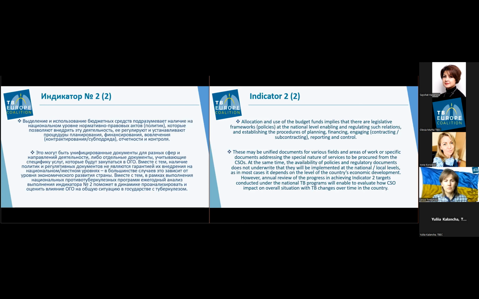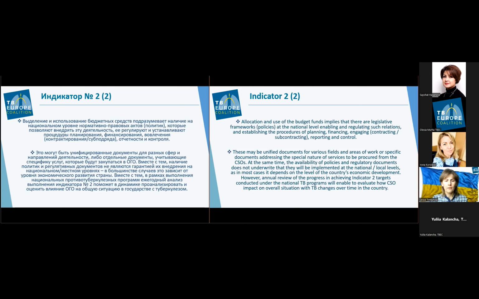These may be both unified documents for various areas and fields of work, or specific, separate documents, and at the same time, the availability of policies and regulatory documents is not a guarantee that they are implemented at the national or local levels. We are having the experience in Ukraine.